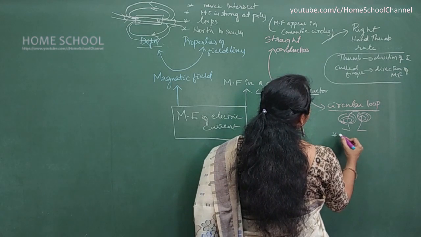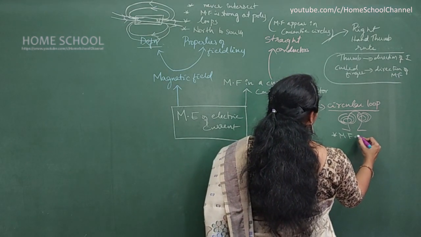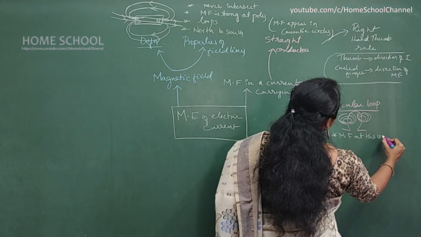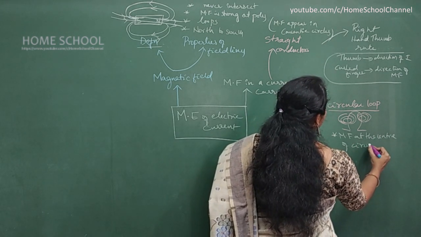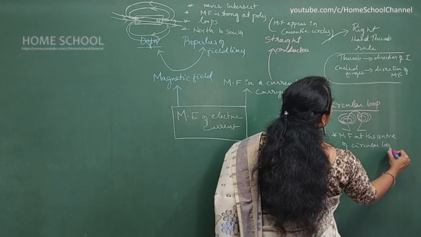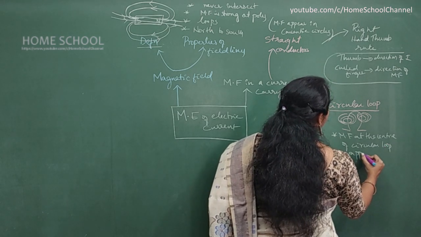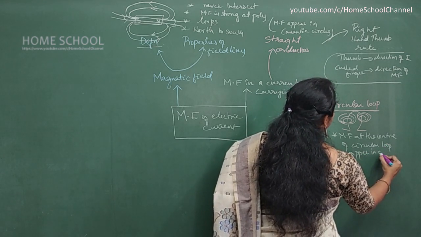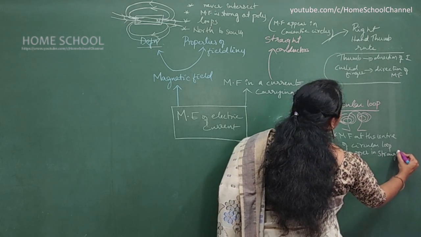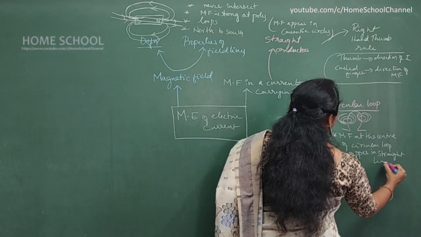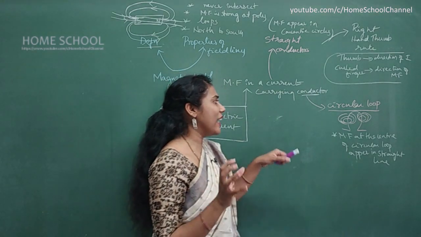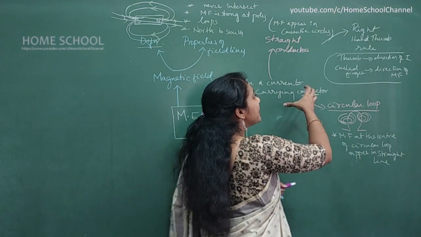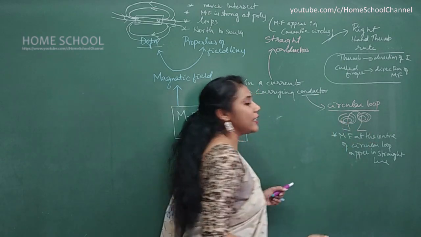So what is the point here? The magnetic field at the center of a circular loop appears in a straight line. This point is very, very important. And there are various factors that affect the magnetic field in a straight conductor as well as a circular loop.